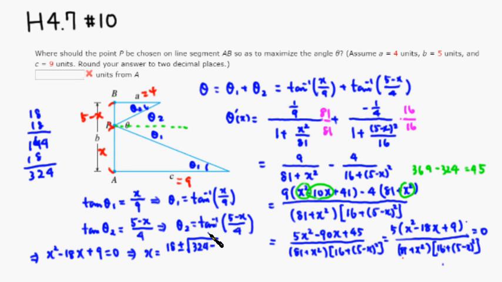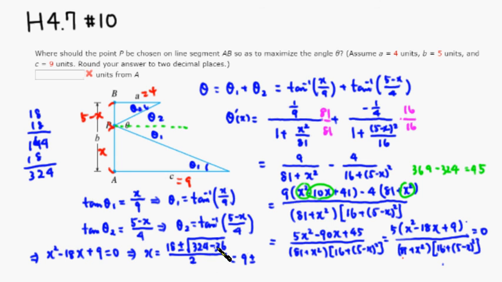Minus 4 times 9, 36, and all over 2 times 1. So that's going to be 9 plus or minus.